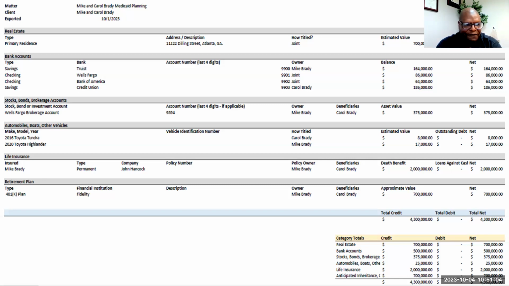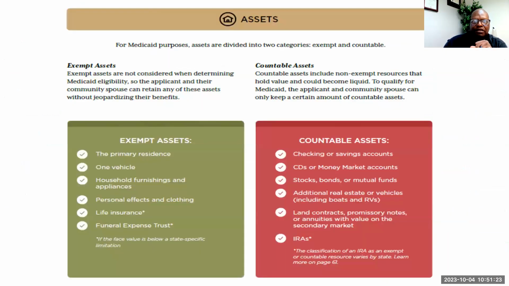It's a permanent policy. So that means it probably has some cash value. That's going to come into play in Medicaid because it will be viewed as an asset. And then the 401k, depending on your state and depending on which spouse goes in, that may or may not be a problem.